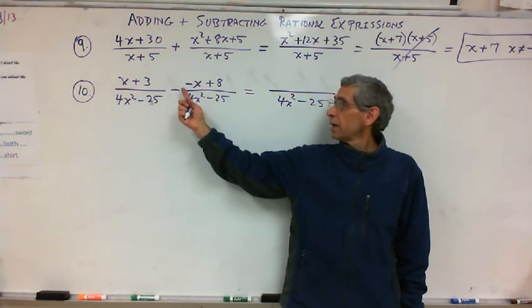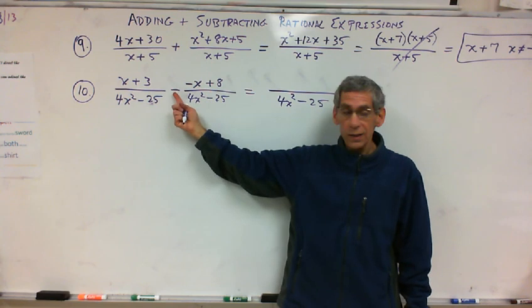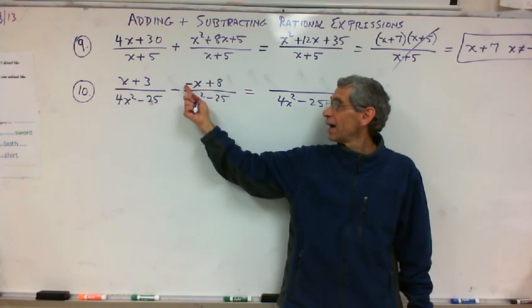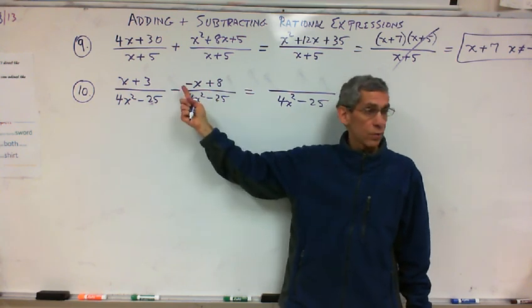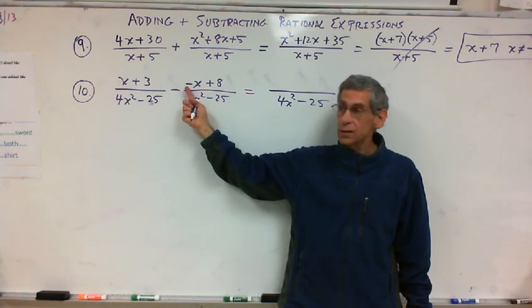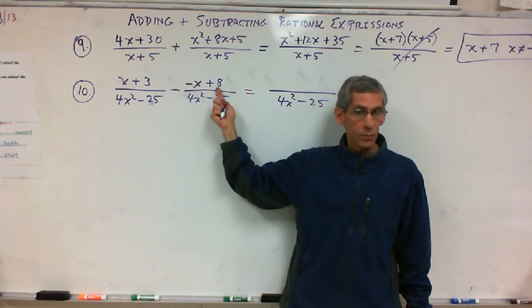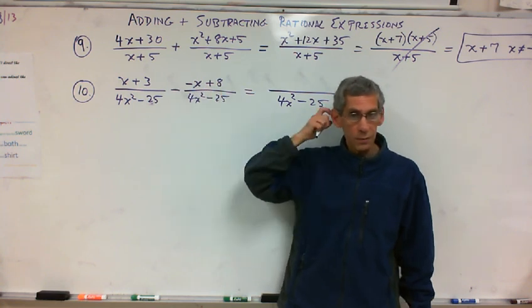This is really minus 1 times all of this, so all of these signs will change. Minus x becomes plus x, plus 8 becomes minus 8. See what I mean?